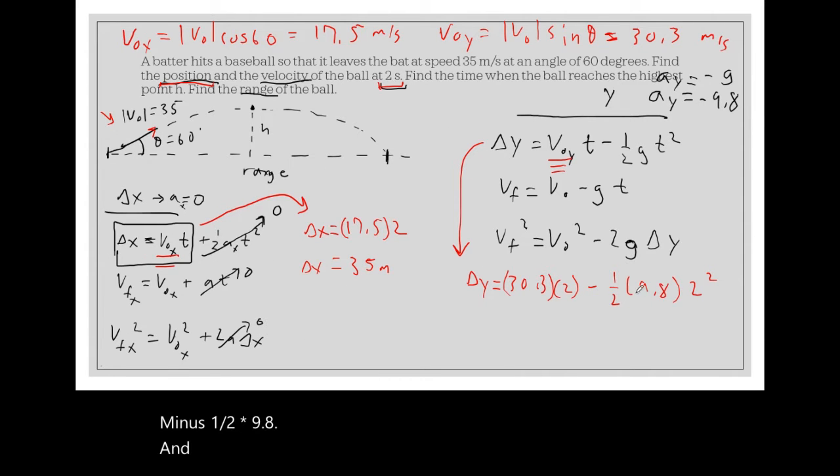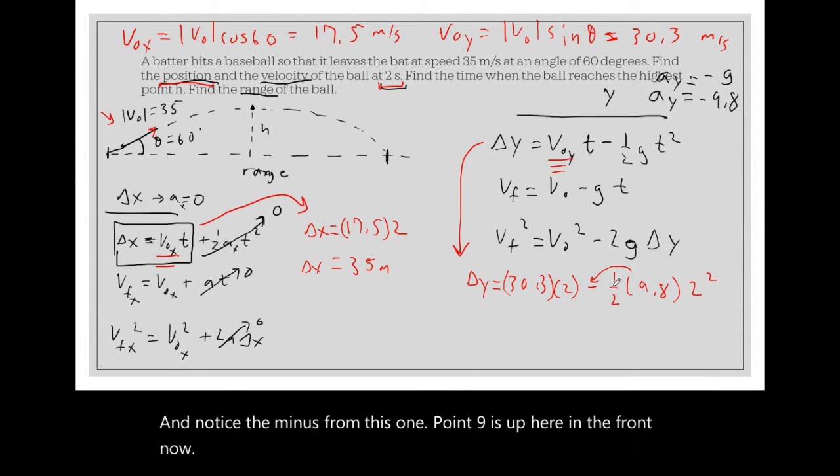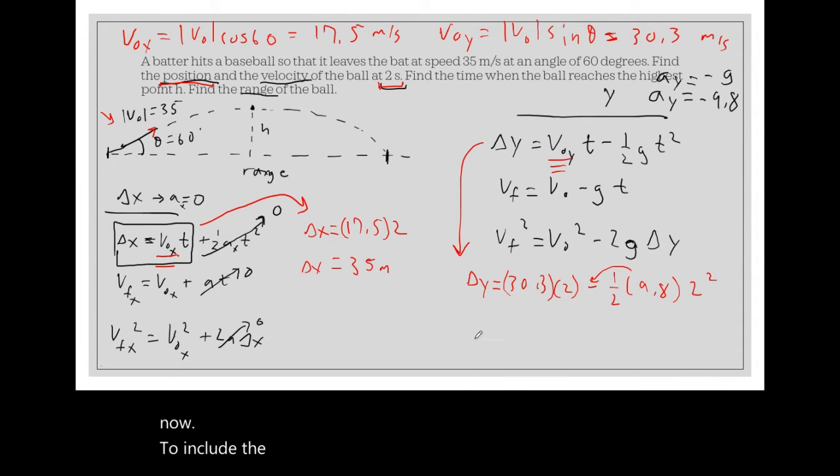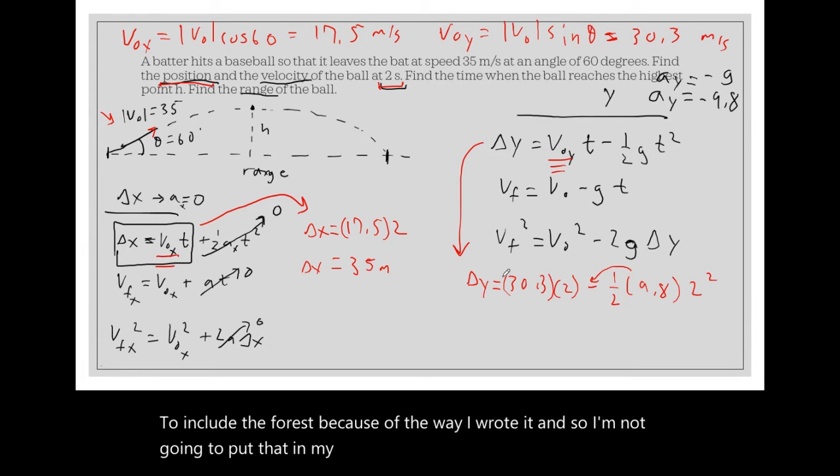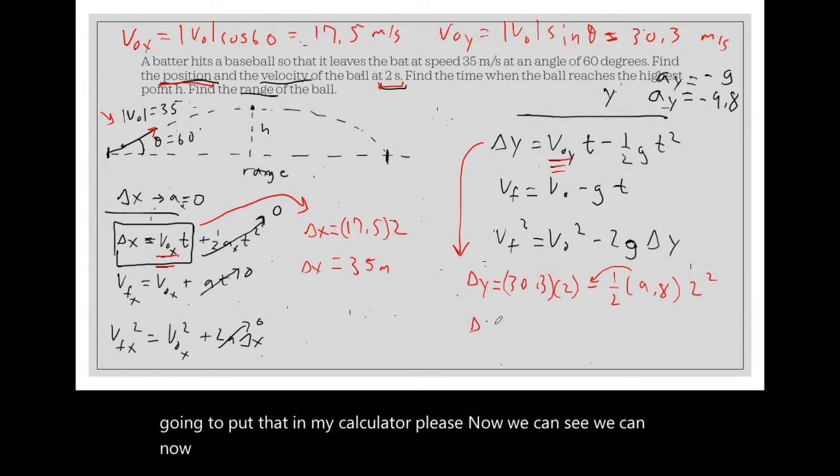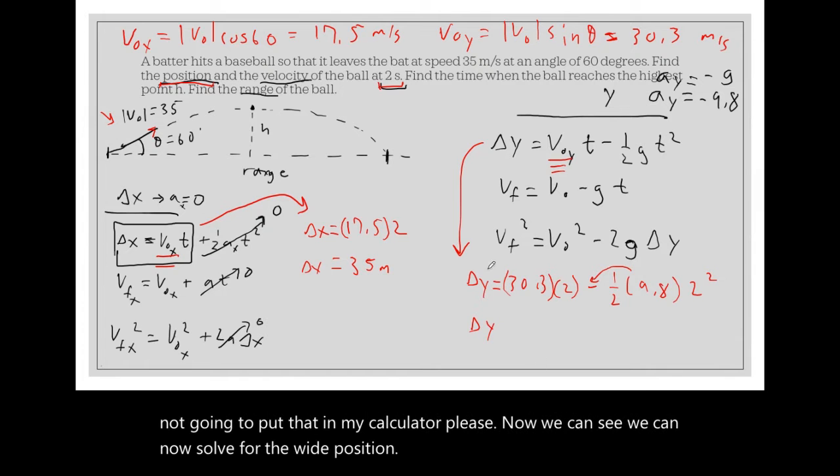And notice the minus from this g is up here in the front now. It's already kind of included for us because of the way I wrote it. And so I'm not going to put that in my calculator, but we can now solve for the y position. So it equals so and so.